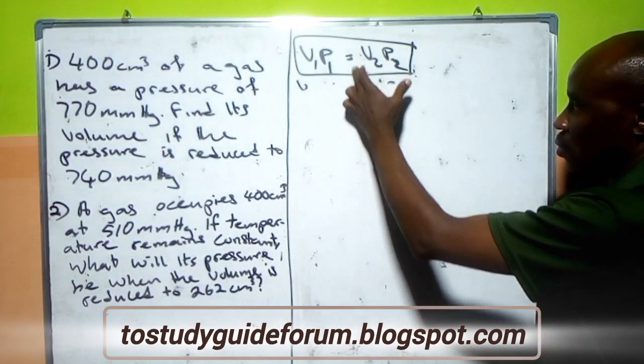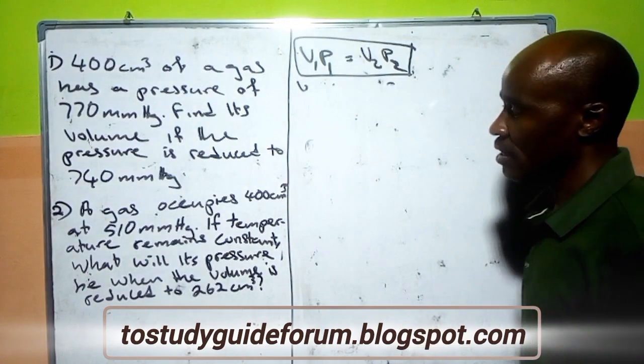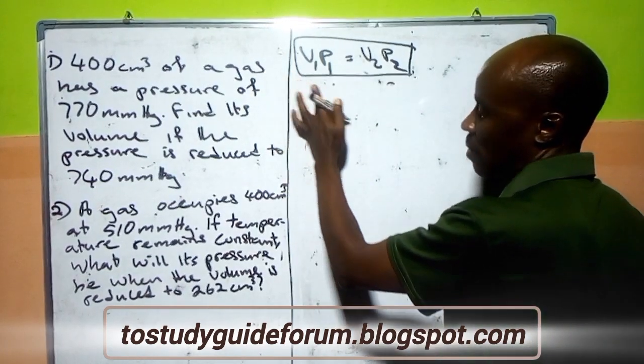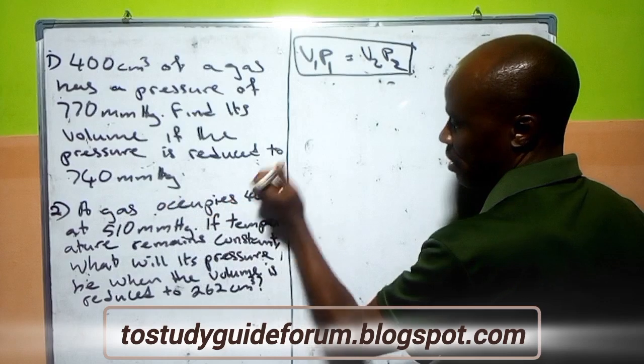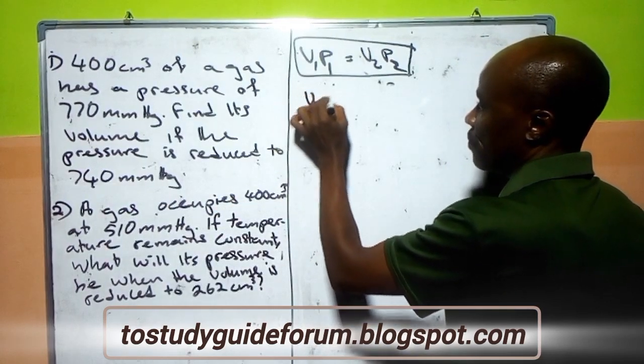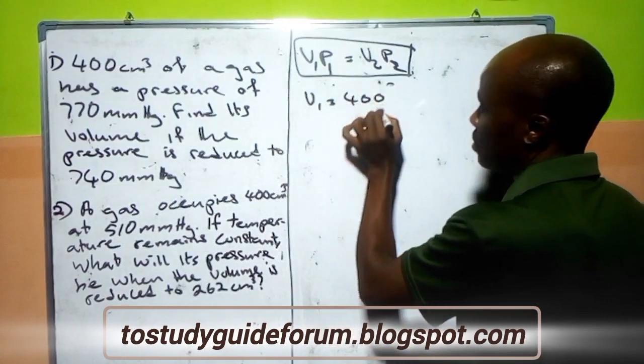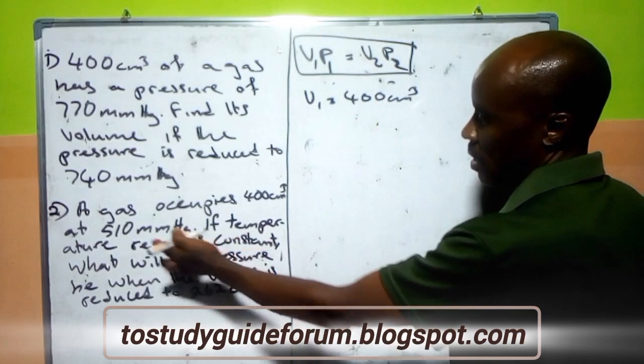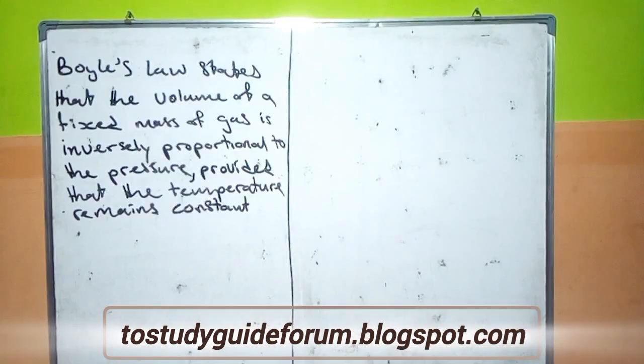So I think we can also go by this. The first volume in this case, the V1, is 400 cm cube, and the pressure there.